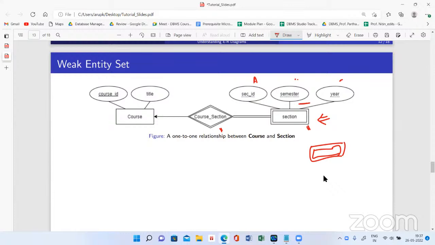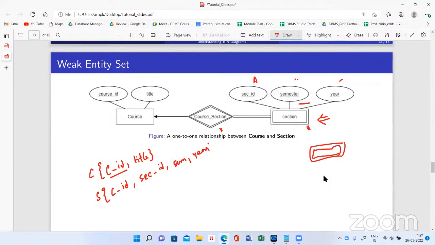So how can the table be created? The course table will definitely have a course ID and title, where the primary key is course ID. Now the section table, what will it have? It will have the primary key of the course table and the rest of the attributes.